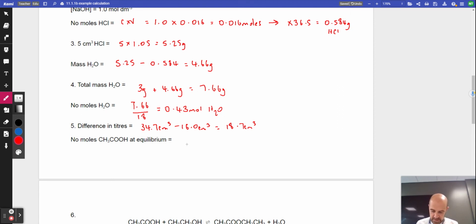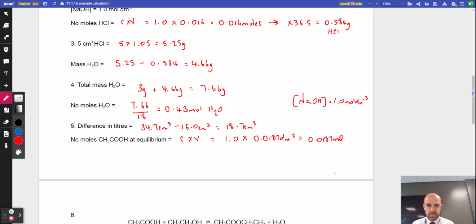The concentration of sodium hydroxide is 1 mole per decimeter cubed. So again, number of moles is concentration times volume, so 1.0 times 0.0187 decimeters cubed. So the number of moles of ethanoic acid at equilibrium is 0.0187 moles.